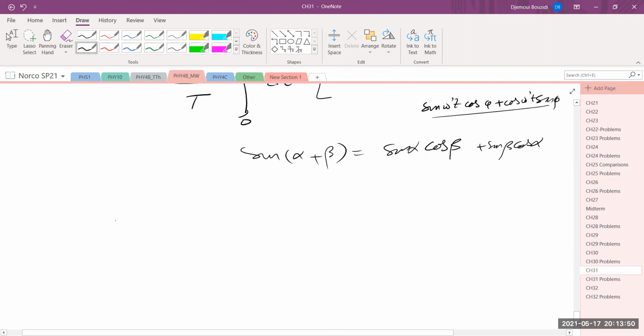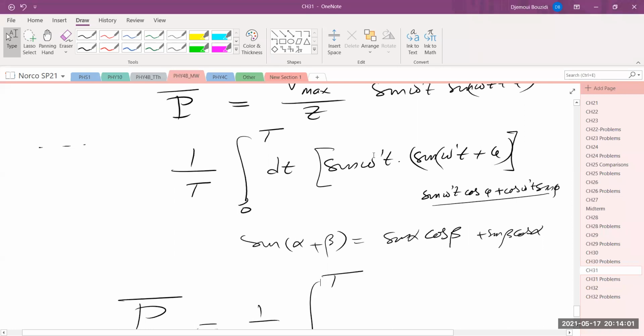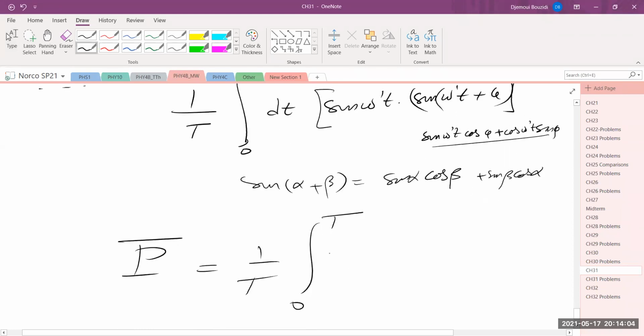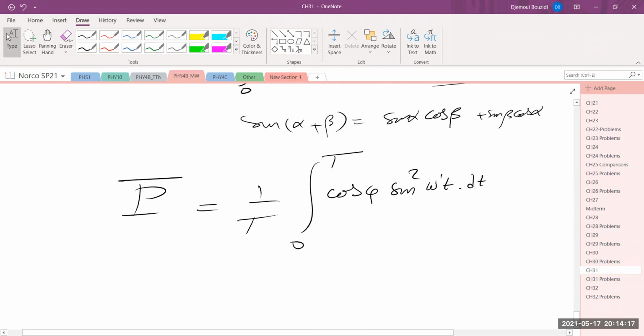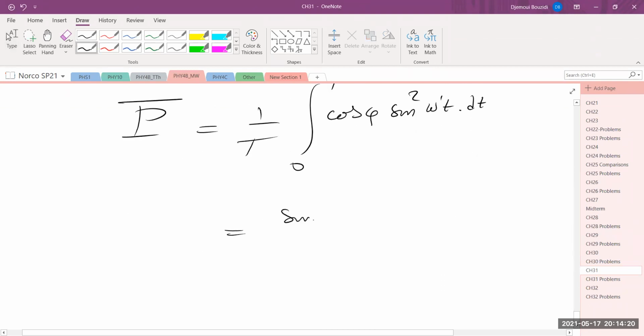So the average power involves 1 over T, the integral from 0 to T, which is a full period, times the first term: cosine phi, constant, times the sine squared of omega prime t dt, plus the second term, which has sine phi in it. Let's pull the sine phi out, times the integral from 0 to T of sine omega prime t cosine omega prime t dt.